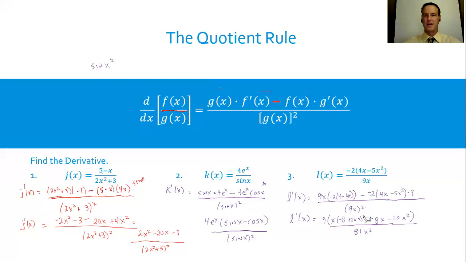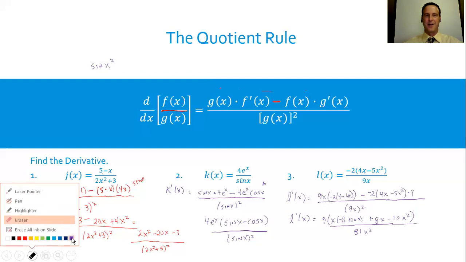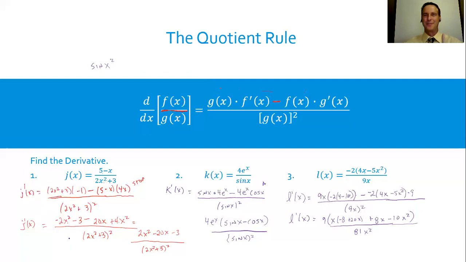I'll just tap it. I am usually not that smooth, but it worked that time. Okay. All right. So I pulled out this 9 and I pulled out this 9, and I think I'm okay. So one of these 9s will cancel out with this 81 down here. And I'm almost out of space, so I may stop soon.